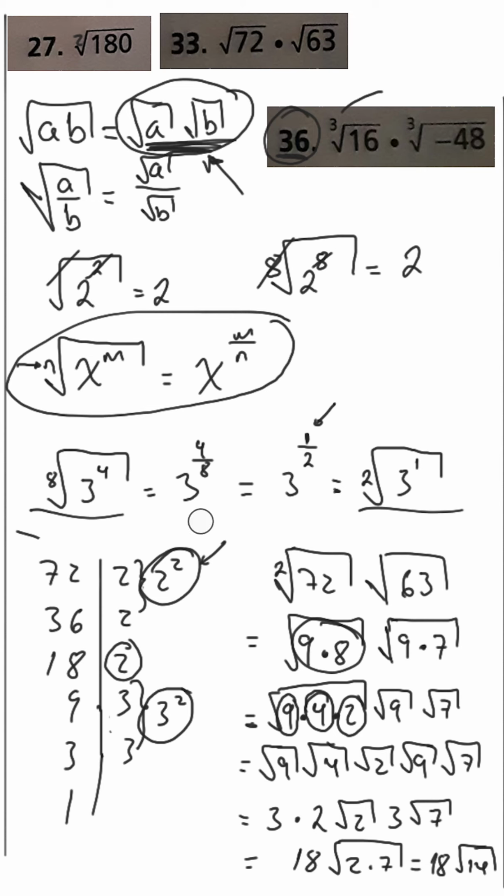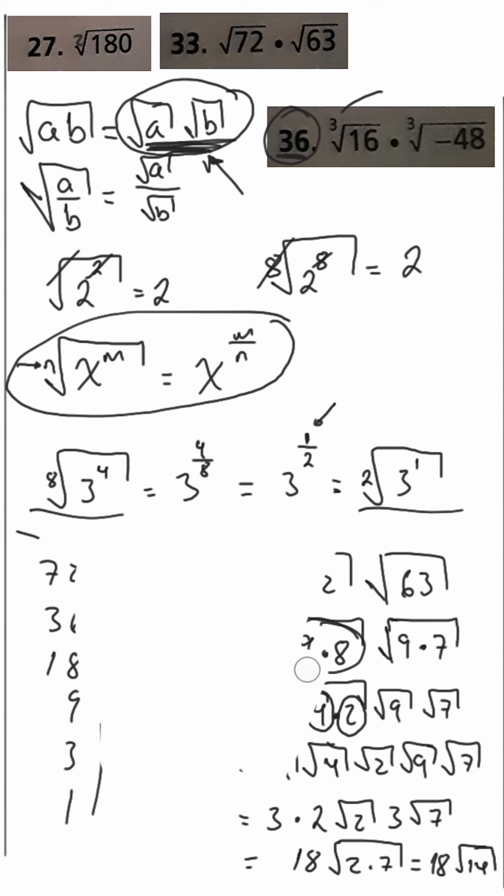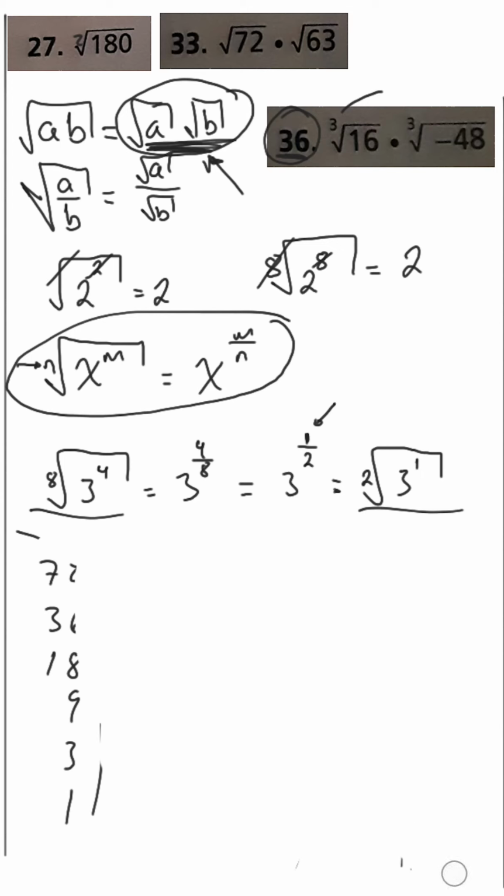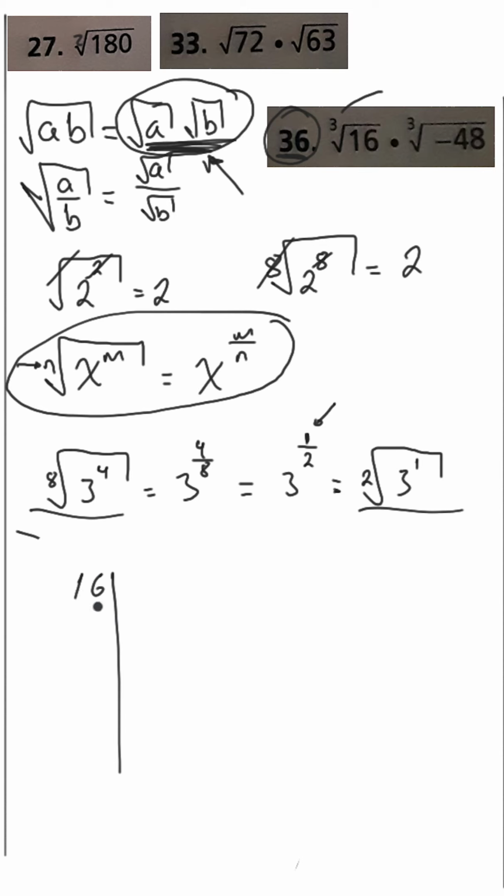So what would happen with the cubic roots? Now, we're not going to do the whole exercise, the 36 exercise. I just want to show you what would happen, for example, with the number 16. So if you would make this factorization, you can do the same. So let's have it. So it's half 8, half 4, half 2, 1.